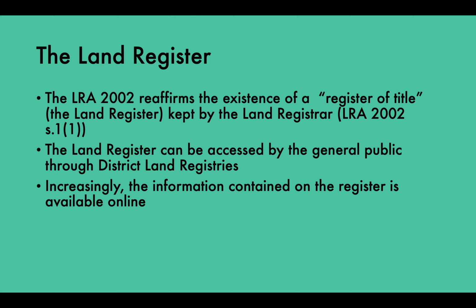So the idea of registering title existed under that earlier 1925 Act and was later reaffirmed by the Land Registration Act 2002. Now the Land Register can be accessed by the general public through district land registries, but increasingly the information contained on the register is available online.